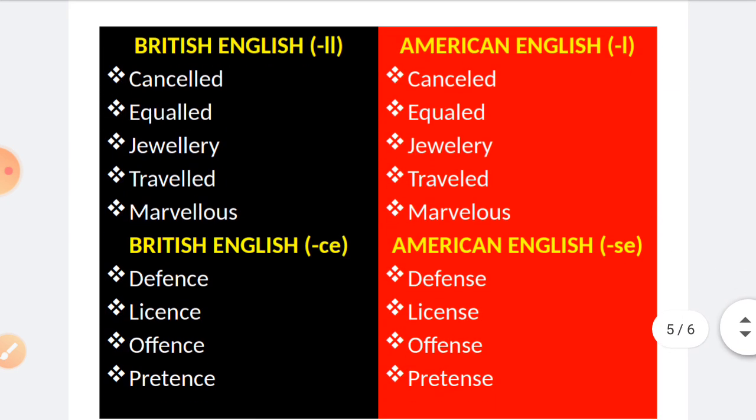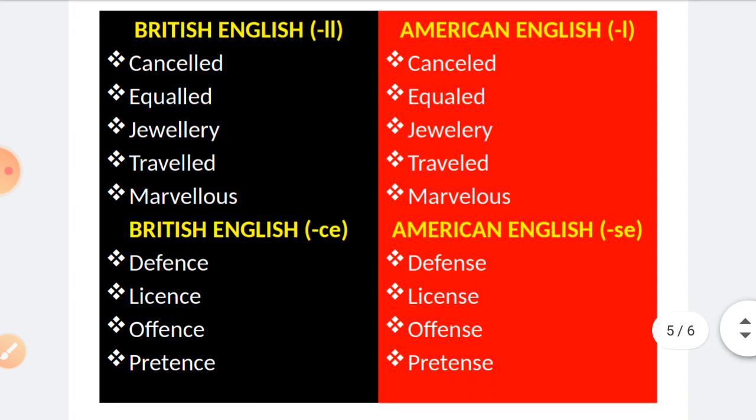Now, here we see two differences. The very first difference is that a double L is replaced with a single L in American English. For example, in words like cancelled, CANCELLED, the double L is there in British English, whereas in American English, only a single L is written, CANCELED.